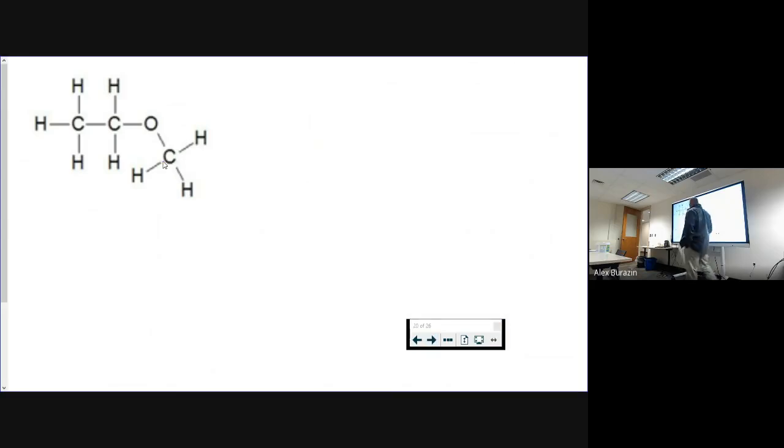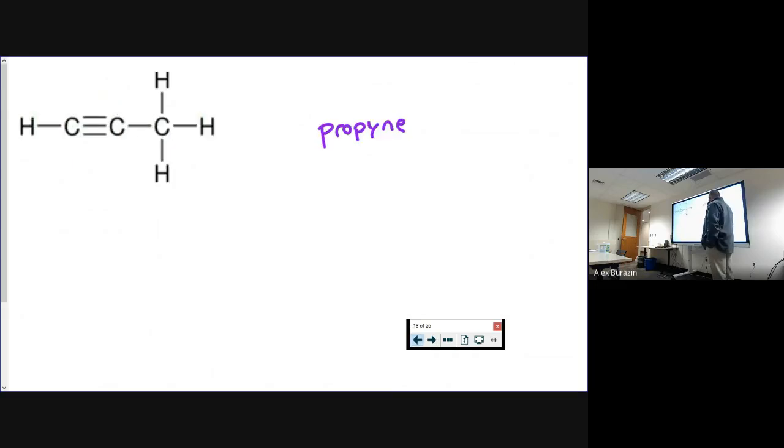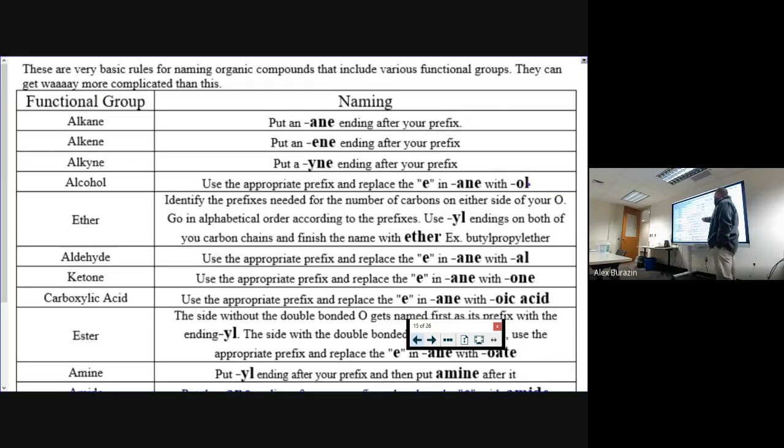Okay, let's go back. What's it say? Go in alphabetical order, according to the prefixes. Use YL endings on both of the carbon chains and finish the name with the word ether. For example, butyl propyl ether.